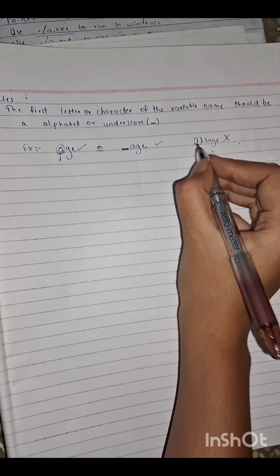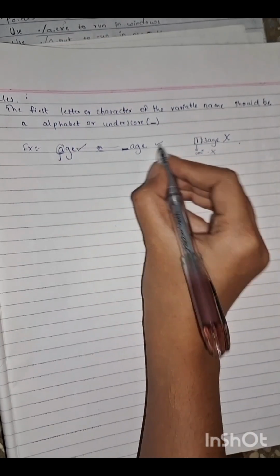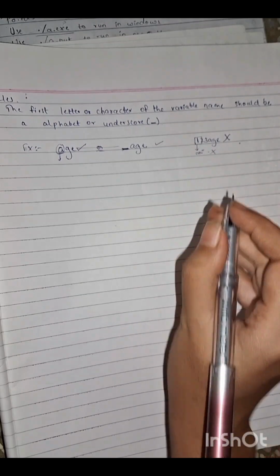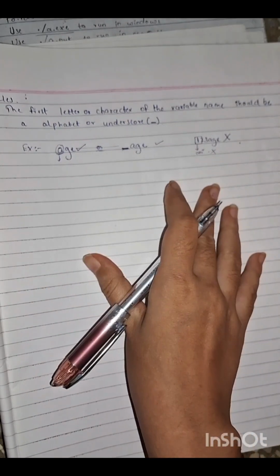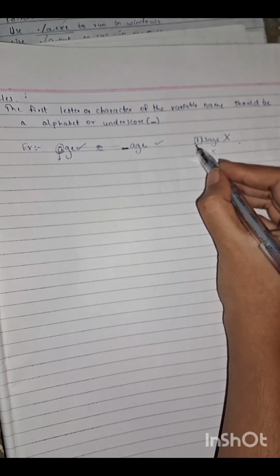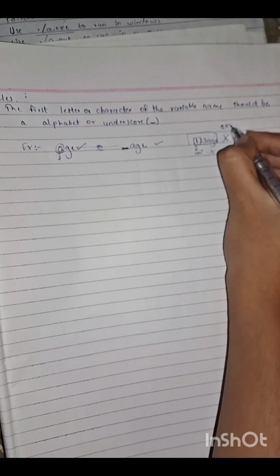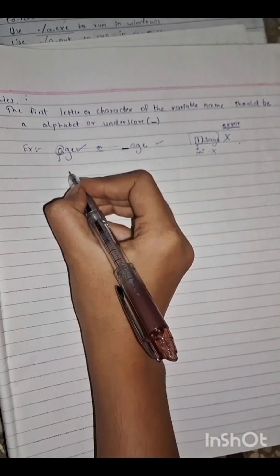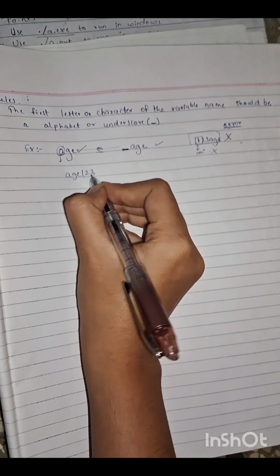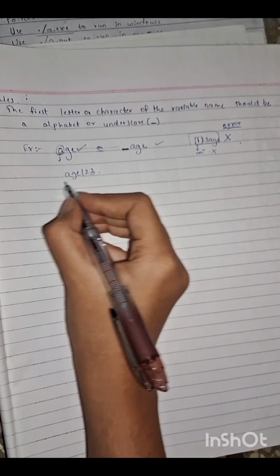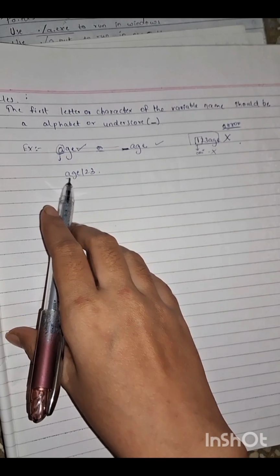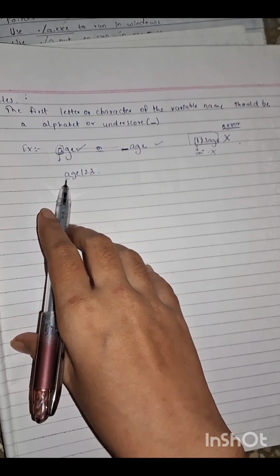But you can use a number anywhere else, it will not give an error. If you write a variable name like 123age, the compiler will give you an error. But if you write age123, then this will not give an error, because the first character is an alphabet.